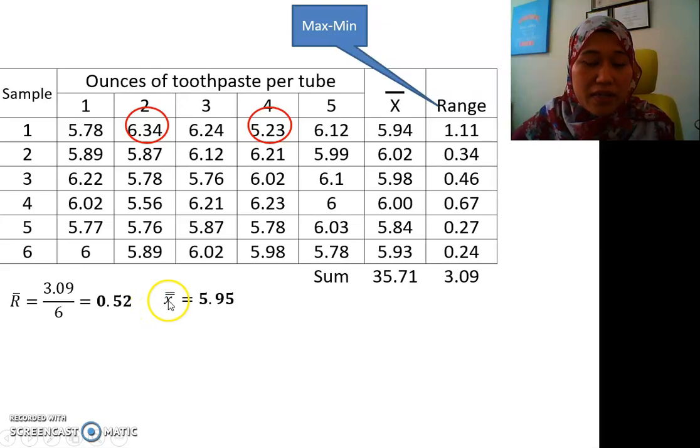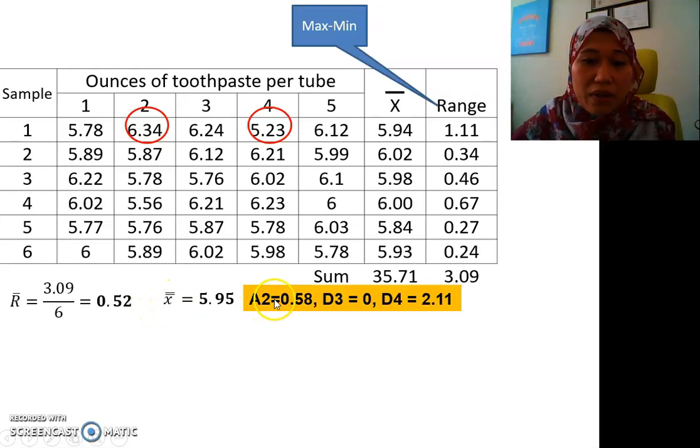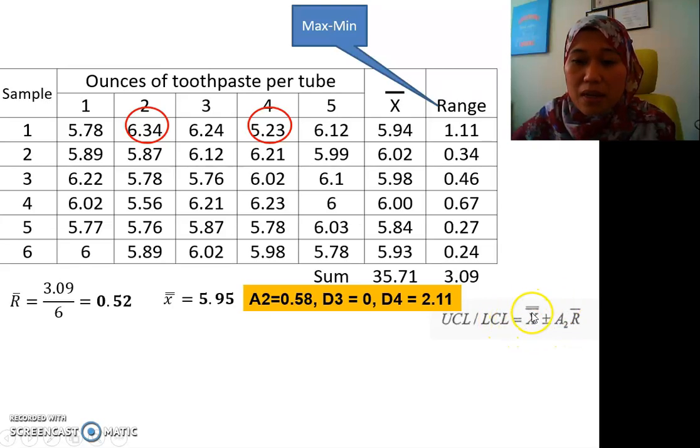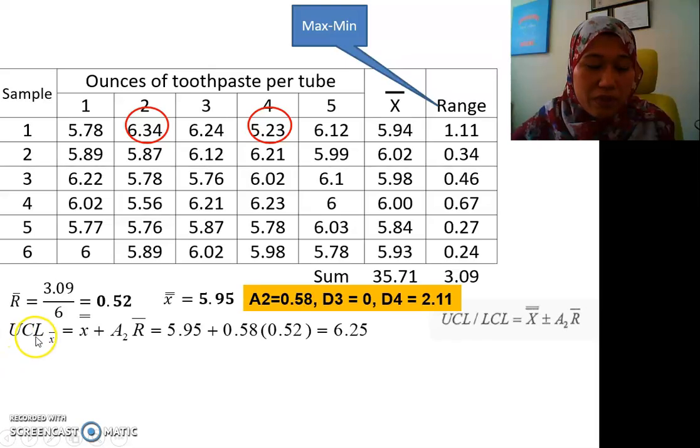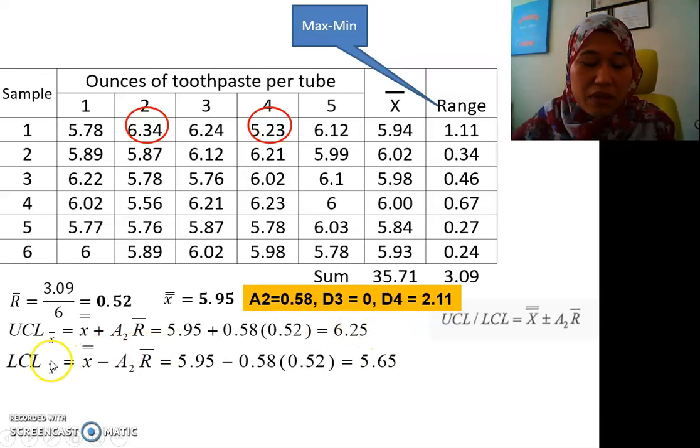Since we already calculated the X bar, and we have all the information from the question, we need to find the upper and lower control limits of X bar. This is the formula: X bar plus or minus A2 times R bar. For the upper control limit of X bar, we put all the information into the formula and get 6.25, and for the lower control limit it's minus, so we have 5.65.